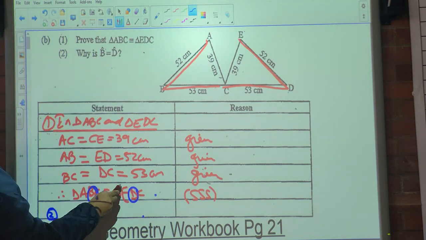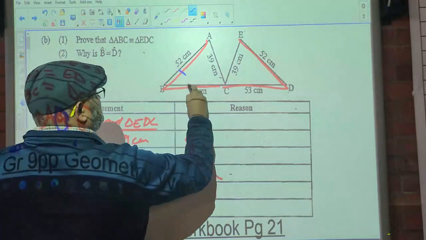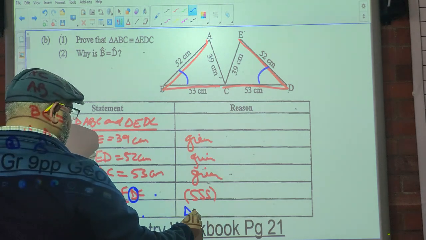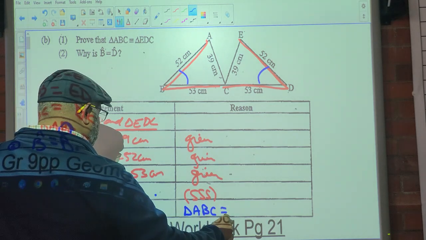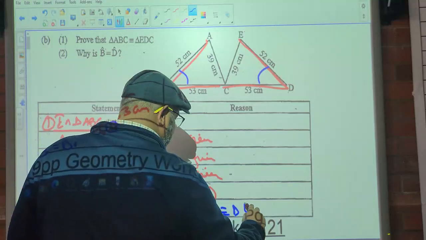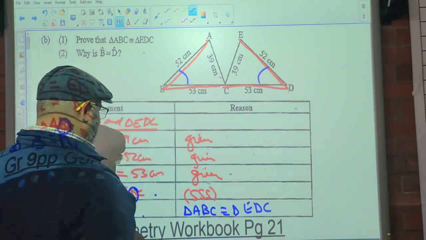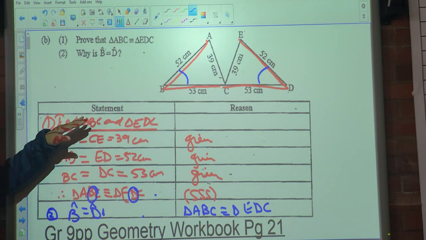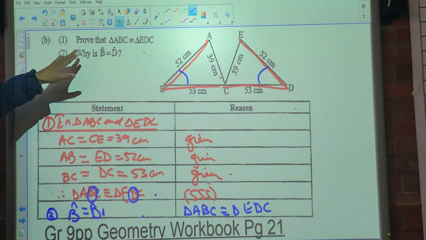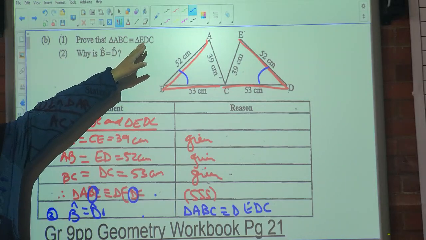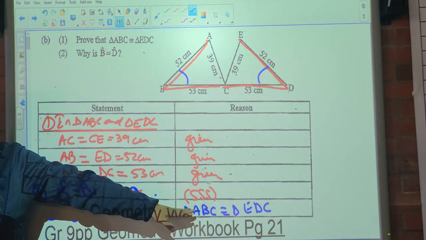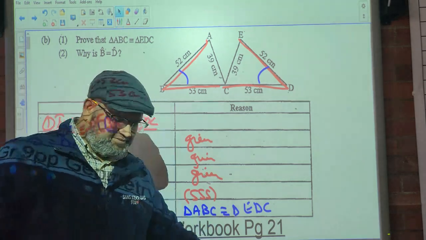As you can see, it is in the right place. Angle B is equal to angle D. Why? Because triangle ABC is congruent to triangle EDC. So again, in the exam, if you haven't proven that the triangle is congruent to that triangle, you can still answer the next question stating that it's congruent. Okay? We'll do that as well.